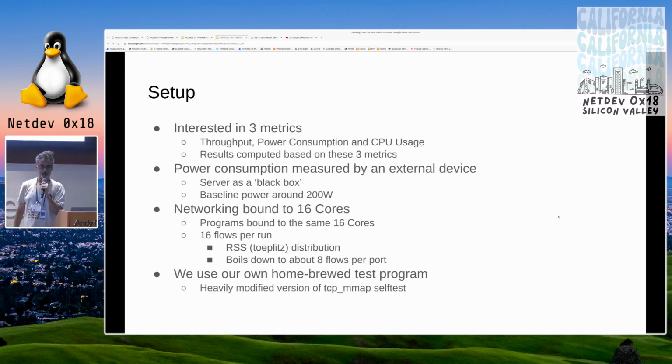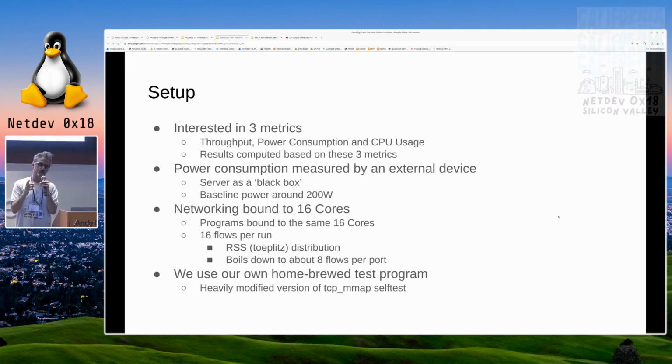So we're interested in 3 things. One is throughput. The other ones are CPU and power, because if you just look at throughput and you don't consider how much CPU is being utilized, how much power, you may get the wrong impression that one scheme is better than the other.